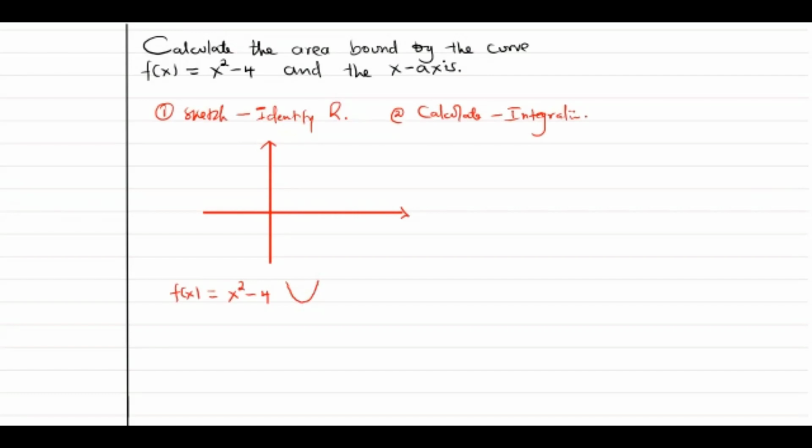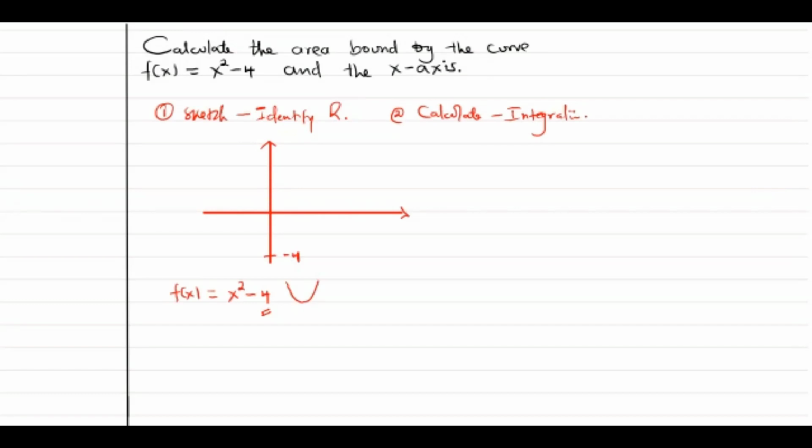The other thing you are going to look out for is the y-intercept, because the y-intercept gives us the value of y where that curve cuts the y-axis. So our curve cuts the y-axis at y is equal to -4. So -4 down there, that's where our curve will cut the y-axis.